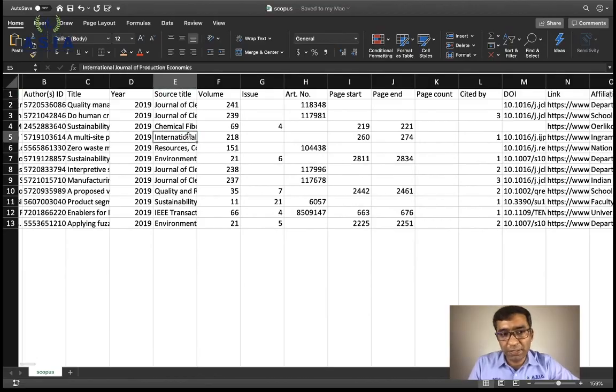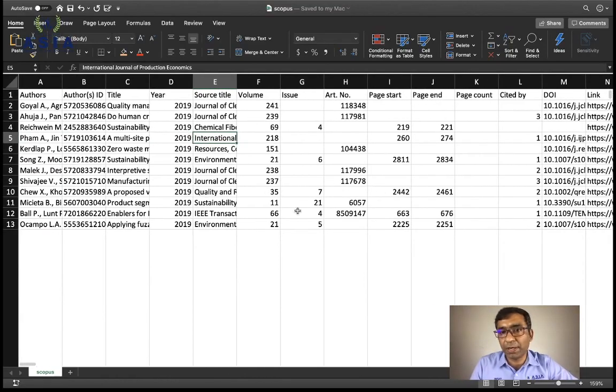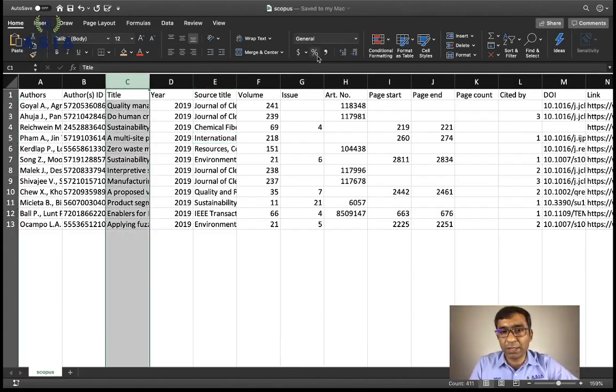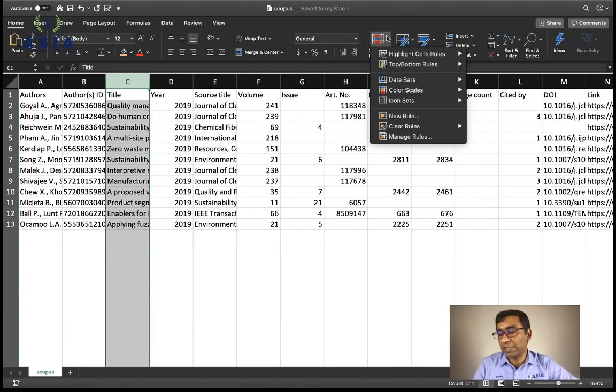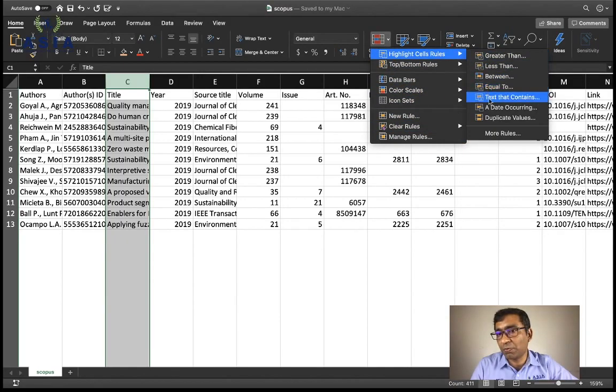Yes, we can see one by one, and we can use this command to check whether we have duplicate records or not. If you want to see duplicate records, you can just click on the title. You can see this in Excel. You have conditional formatting. You can just highlight the duplicate records if you don't want to delete them at the first stage.